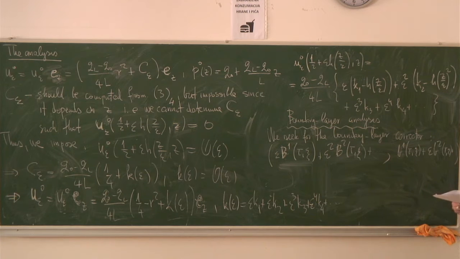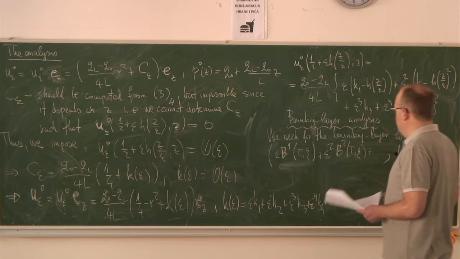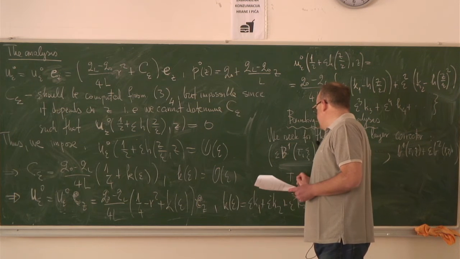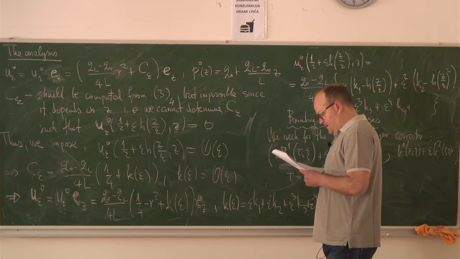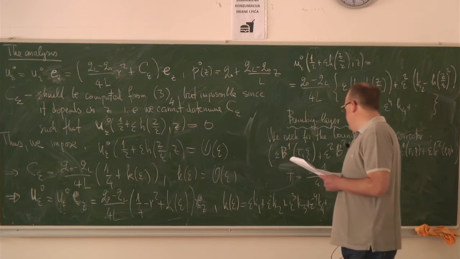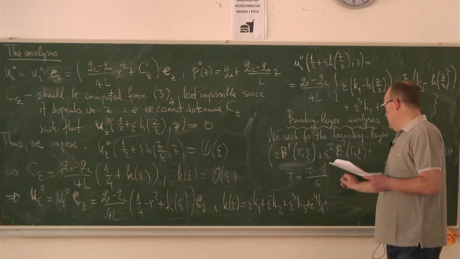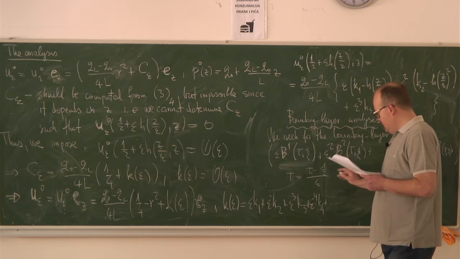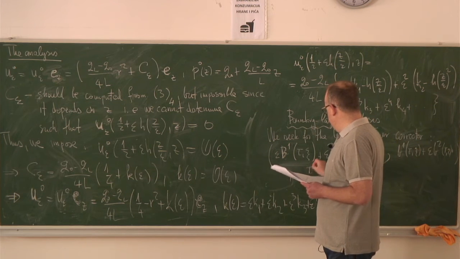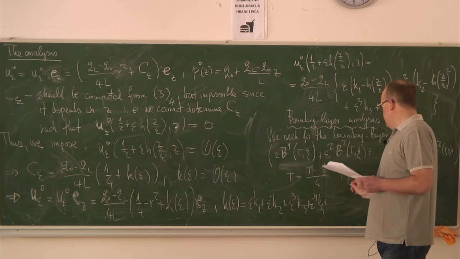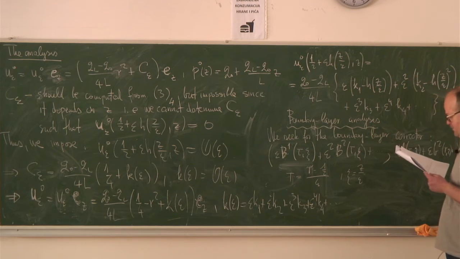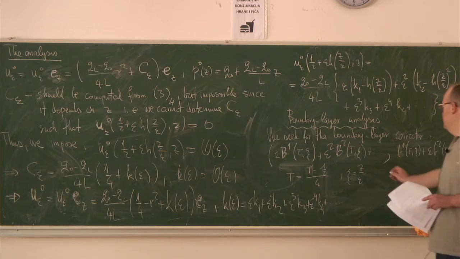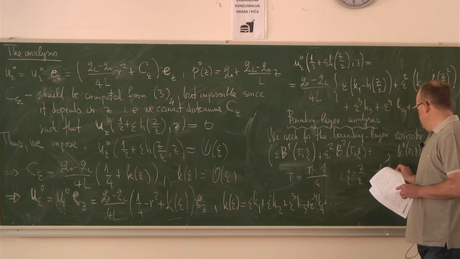Okay? Here tau and c are the fast variables. Tau is related to a radial variable, and c is related to the longitudinal variable.